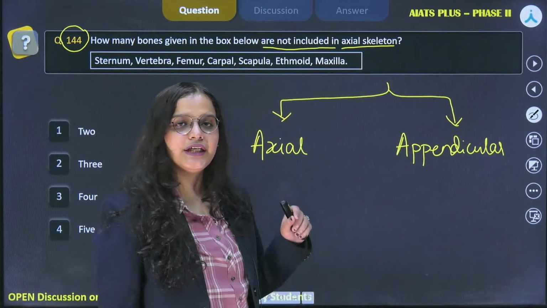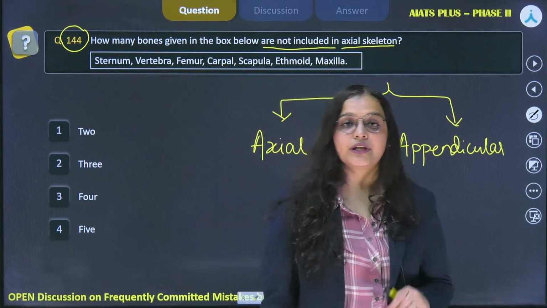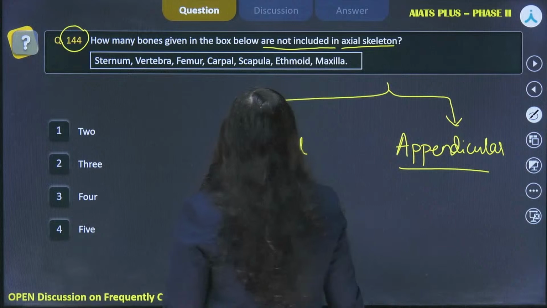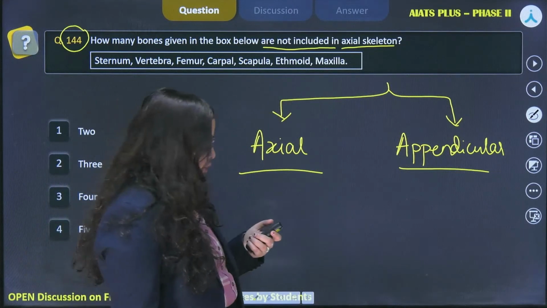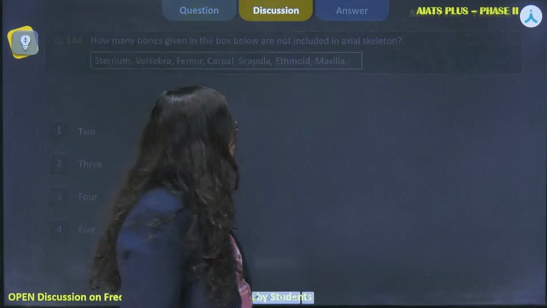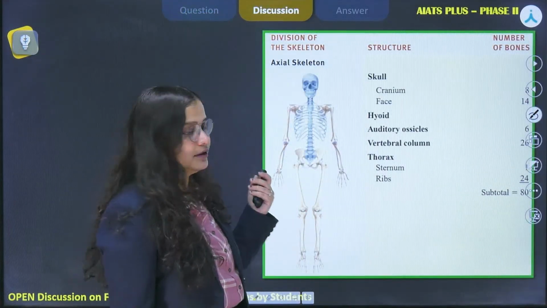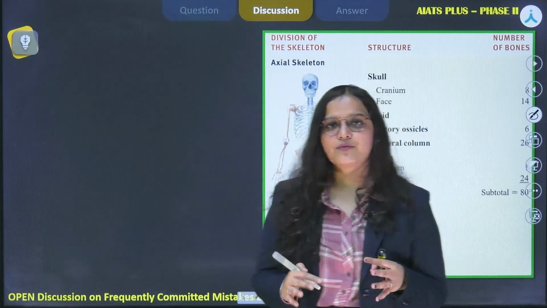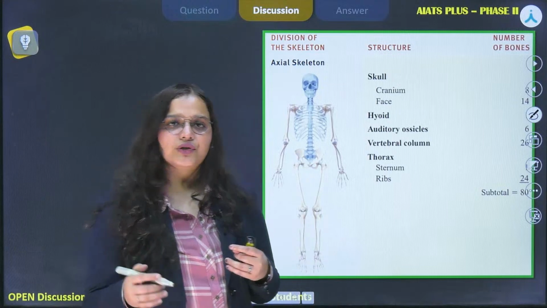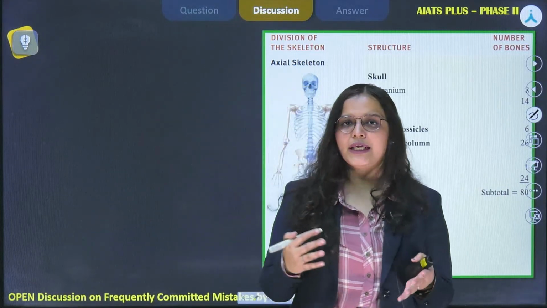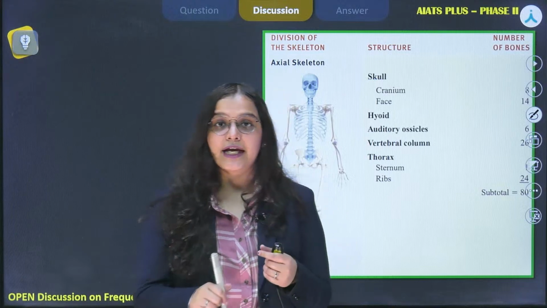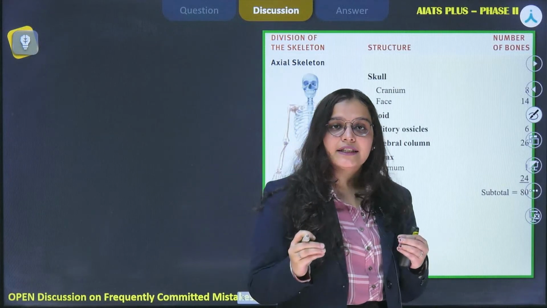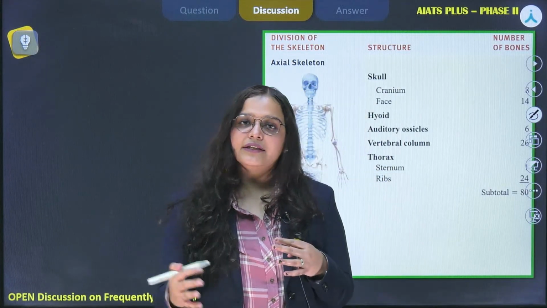To deal with such questions, we need to remember the components of the appendicular skeleton and the axial skeleton. For your ease, we have a chart here that can help you remember the names of the components which are a part of the axial skeleton. To make it easy, we can remember that whatever falls along the axis of the body is categorized under the axial skeleton.